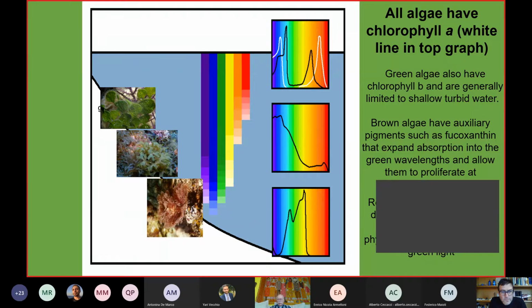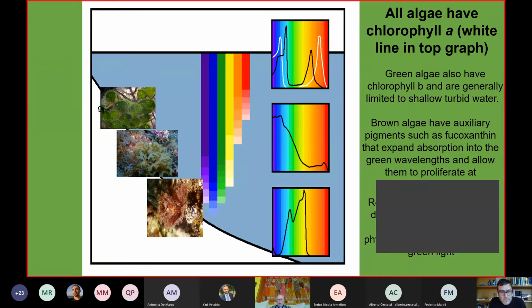It's very interesting, because if you remember, we said a few minutes ago that the peak of the solar spectrum is in the green, and that part cannot be used by any green plant, land plants, and algae.